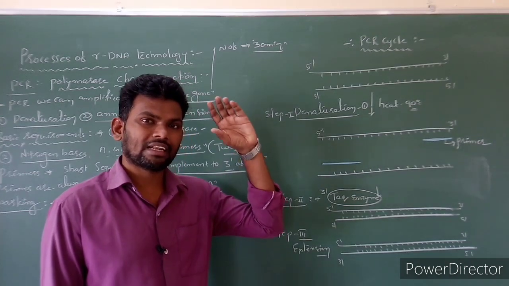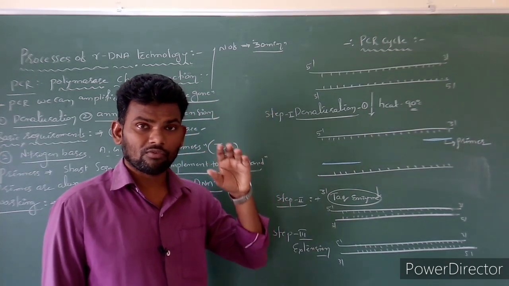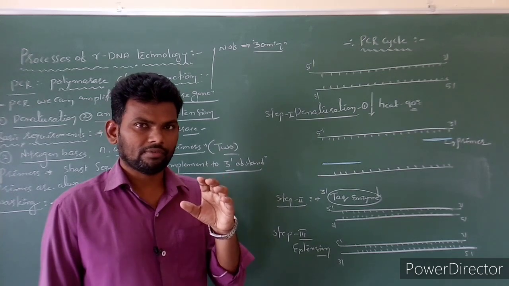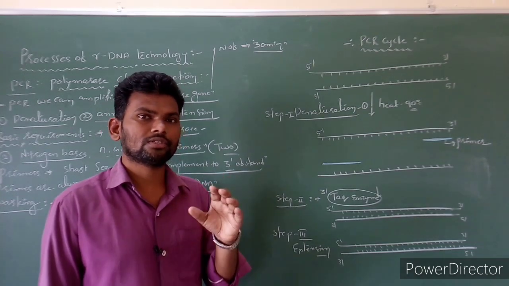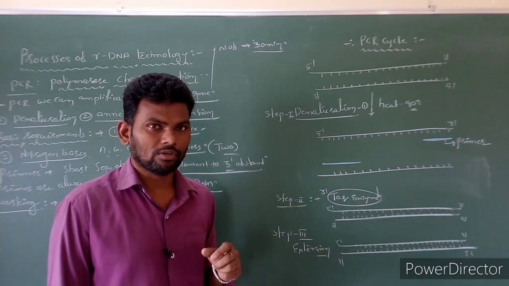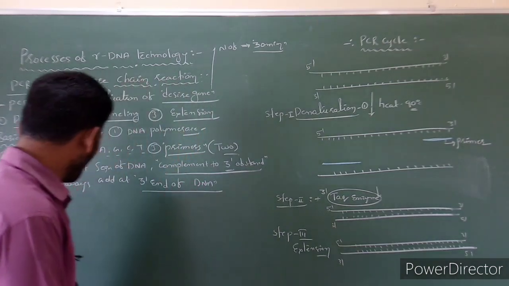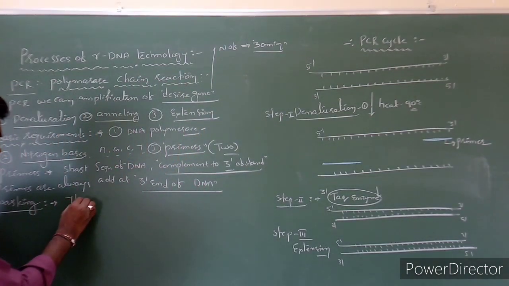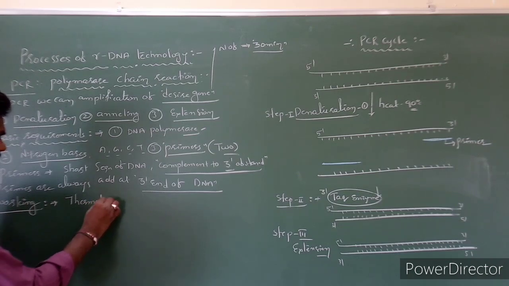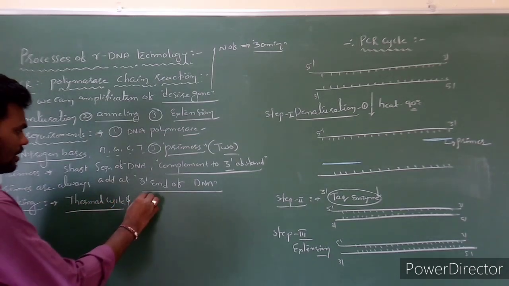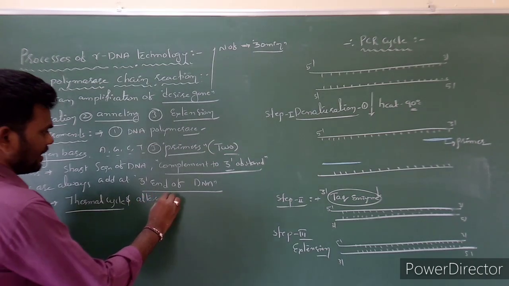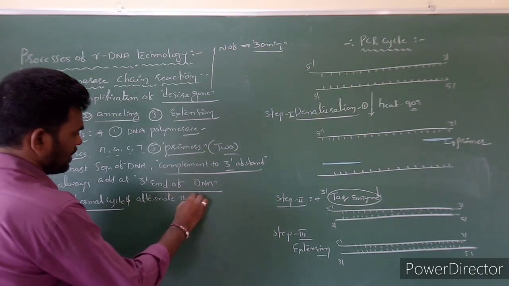First we use 90 degrees Celsius, second 45 to 50, and the third step 70 to 75 degrees. So we call it a thermal cycle, in which we alternate the temperature.